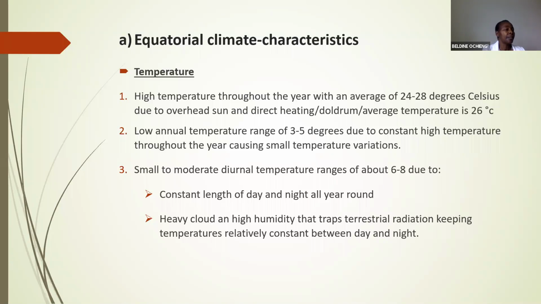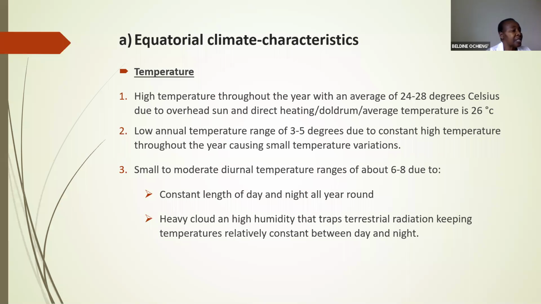Average temperature is about 26 degrees Celsius. So our main information here: high temperatures throughout the year. That one you'll score, even the figures you'll be able to score. But if you are remembering the figures, it is okay, you'll go for the average of about 26, because the range is from 24 to 28.